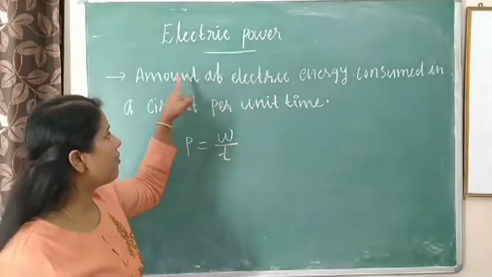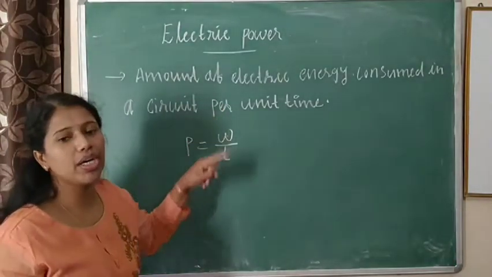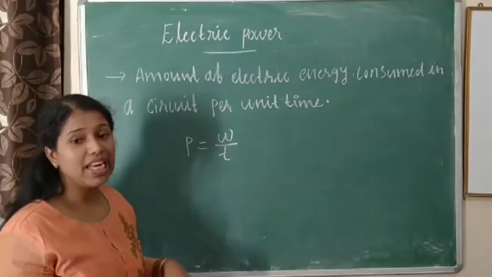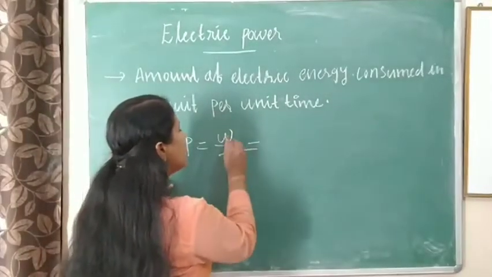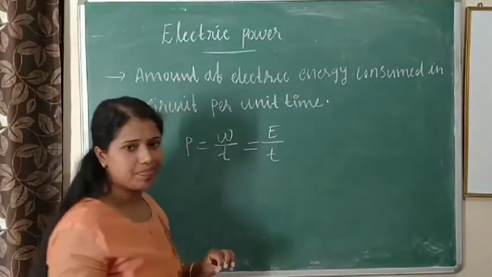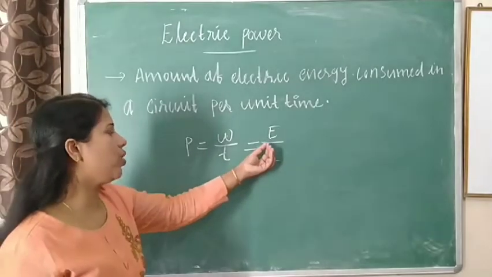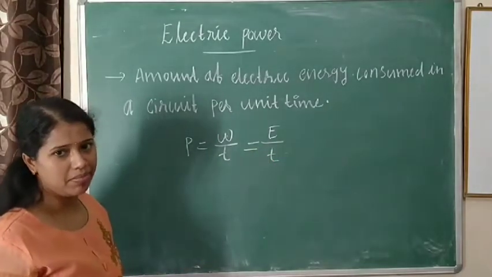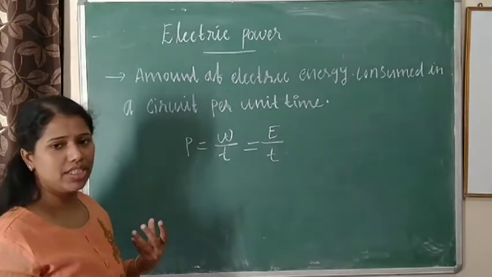That means P is equal to W by T, or one more equation, E by T. P is equal to work done by time, which is equal to energy by time. Then we can make the different equations.